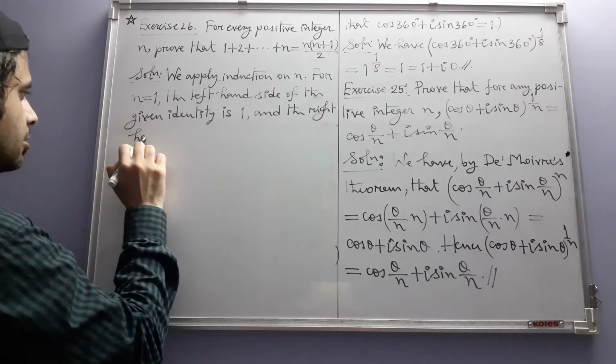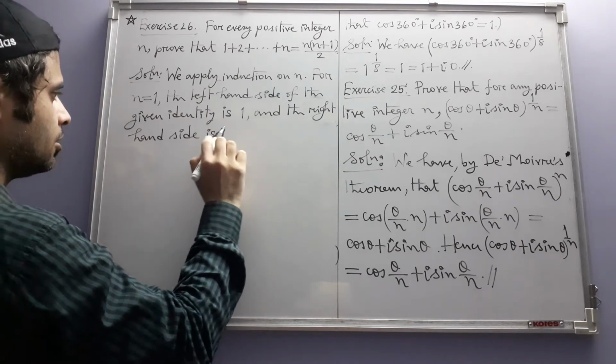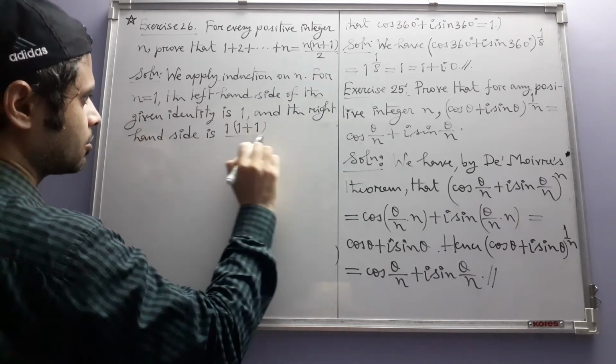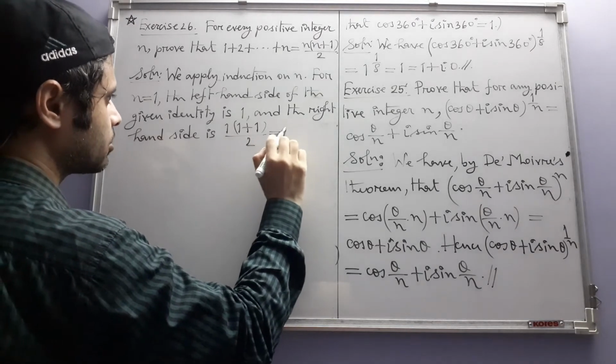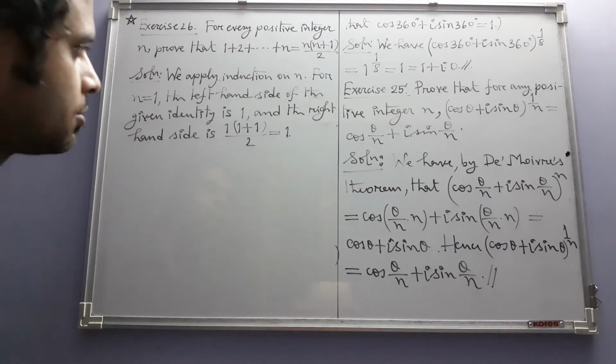And the right hand side is 1 times (1 plus 1) divided by 2. So that is also equal to 1. So when n is 1, the identity is true.